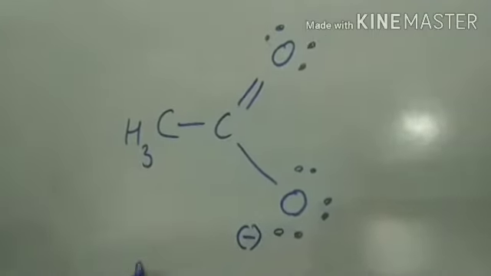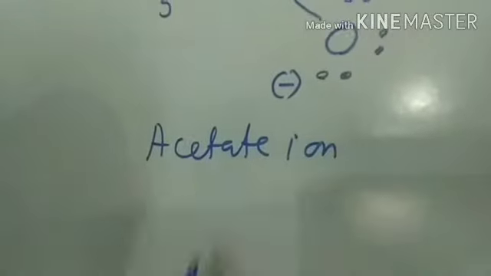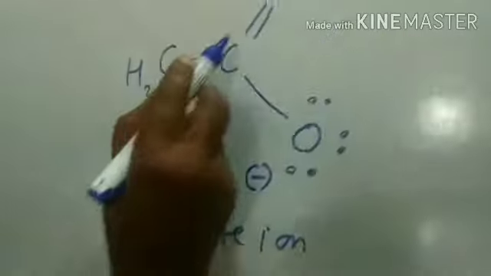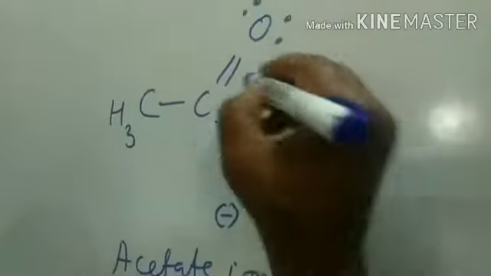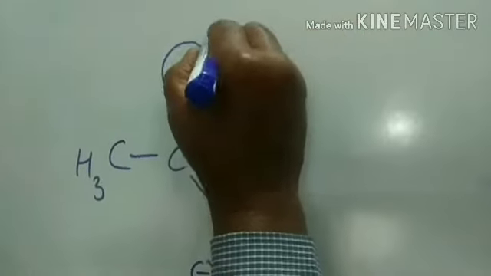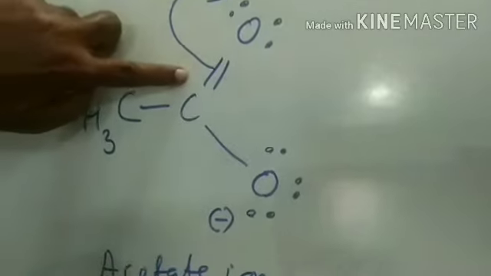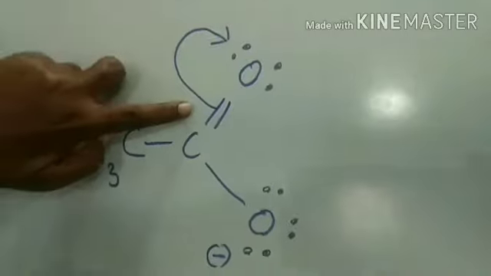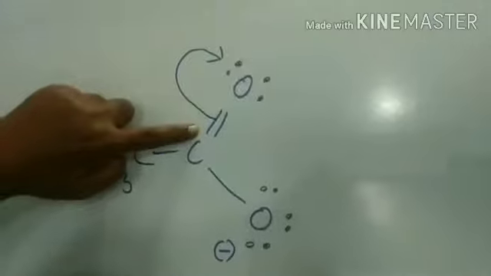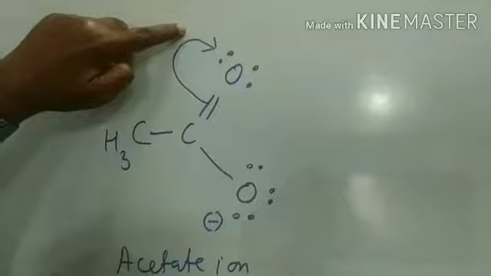This is the acetate ion. You know this is a carbon oxygen double bond. It will be shown by curved arrows. The delocalization of electrons takes place according to the curved arrows.